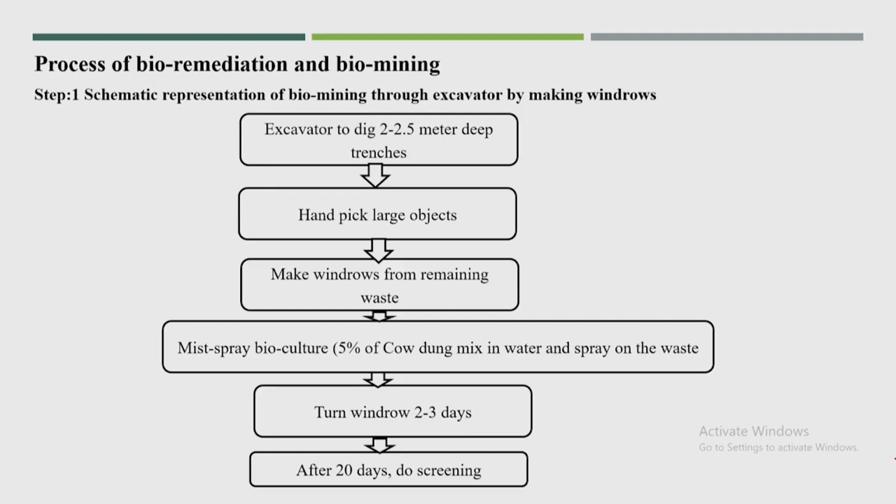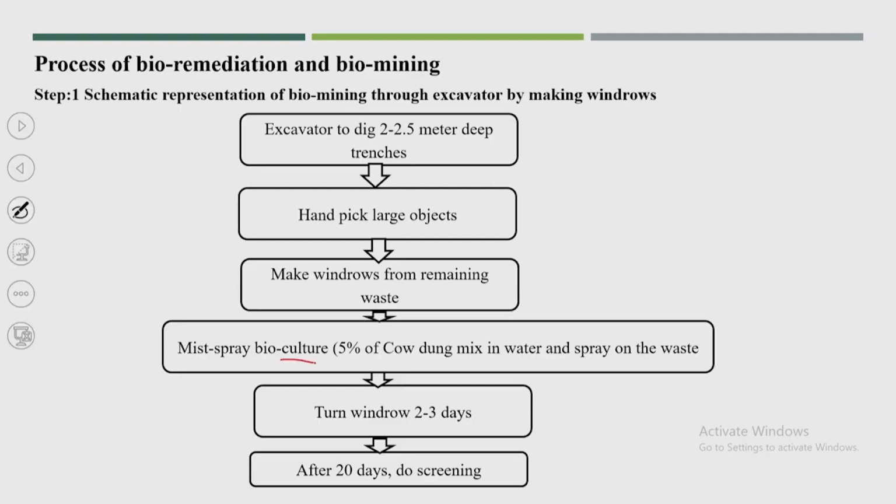So, try to hand pick whatever is possible, the recyclable matter or large material which could be utilized for other purposes. Otherwise, you go for windrows with the remaining waste, and when you make the windrow, add 5% cow dung, mix in water and spray onto the waste. That could be your bioculture.